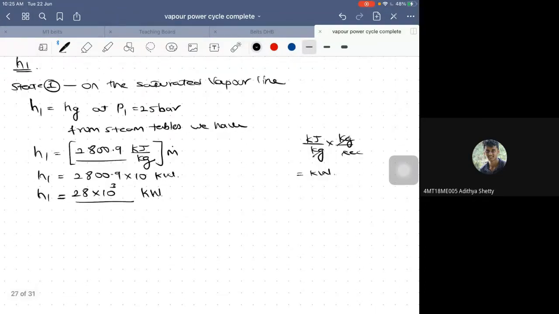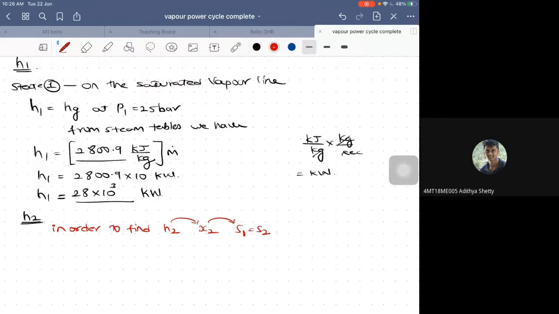Now you need to find the value of h2. So in order to find h2, what is the key rule I have told you? In order to find h2, you always require the value of x2. In order to find the value of x2, you need to equate s1 equals s2.